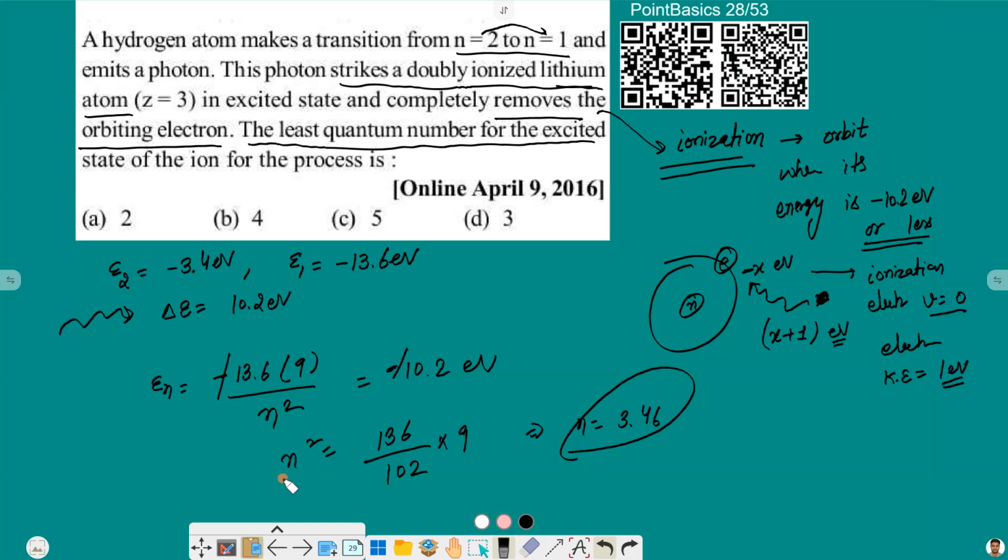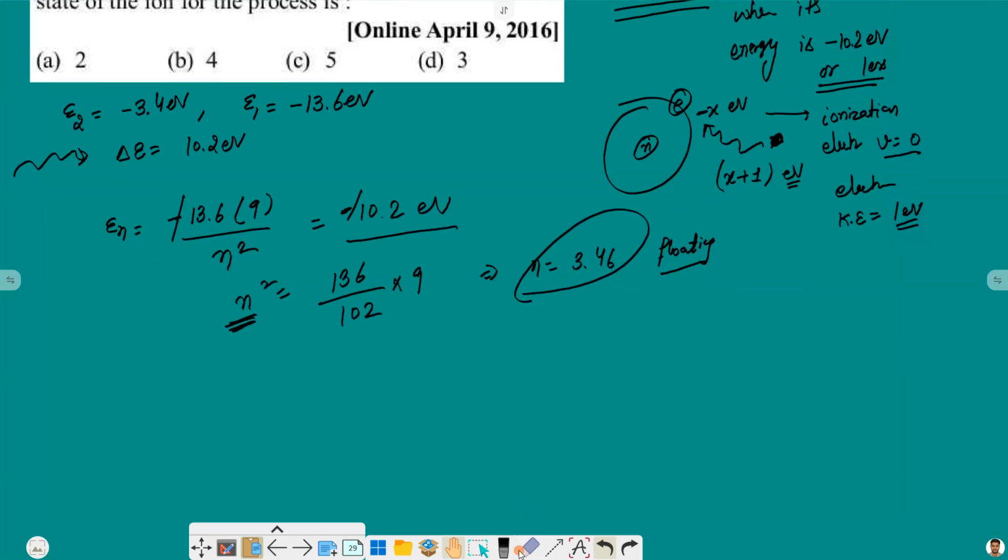But we know that this n represents an orbit, so it cannot be a floating point or decimal number; it has to be an integer. This means there is no level in this doubly ionized lithium atom which has an energy of minus 10.2 electron volt. So from this we conclude that the electron will come out with non-zero velocity.